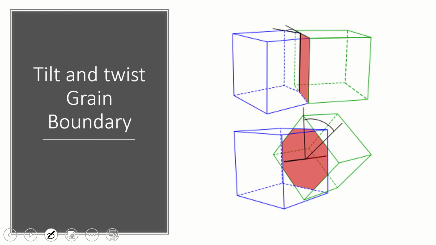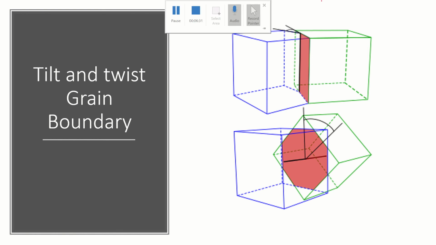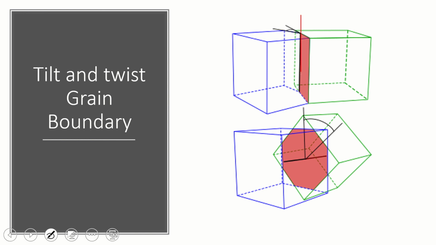There are two types of grain boundaries. The first picture is a representation of the tilt grain boundary, because as you can see right here, this is the angle of misorientation.